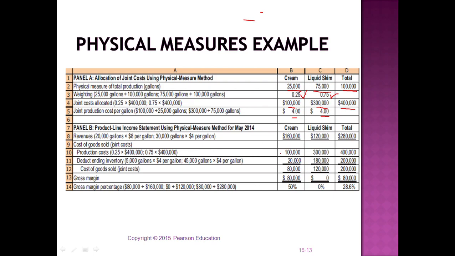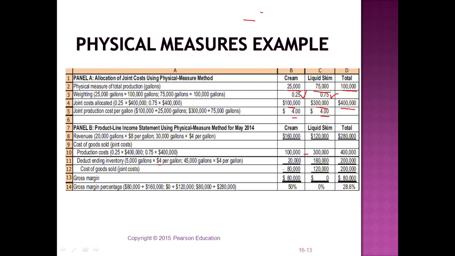So start with the revenue, the same as before, and then the production cost, the one you calculated, 100,000 and 300,000, and minus the ending inventory. In this case, you will have 5,000 gallons of ending inventory at 4 per gallon. Now, why did we take 4? Because inventory is always calculated at cost, so this is 4.